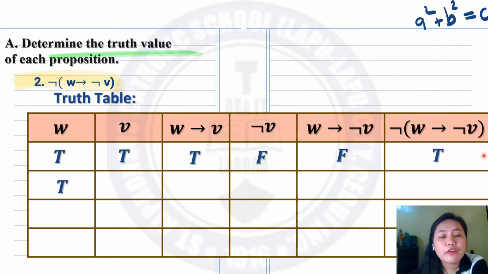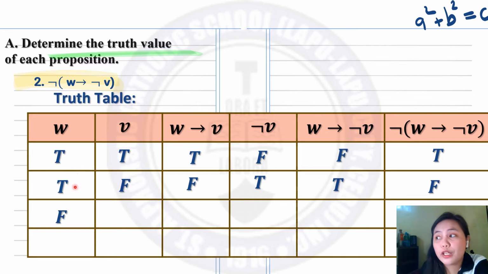Next, if W is true and V is false, the implication of W and V is false. And since you have there false for V, its negation is true. And as we get the implication of W and not V, so true for W, true for not V, the result is true. And the negation of this statement is false.